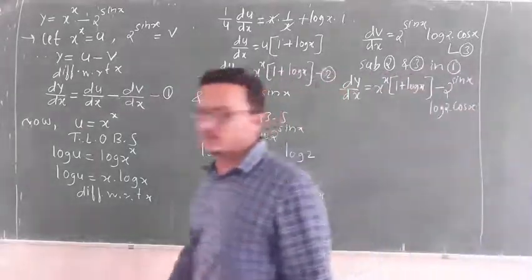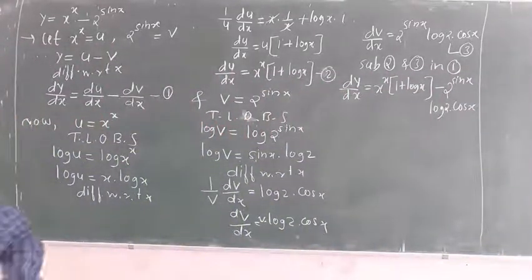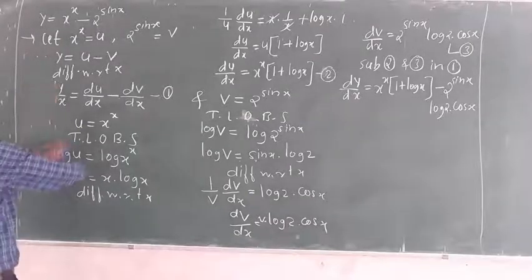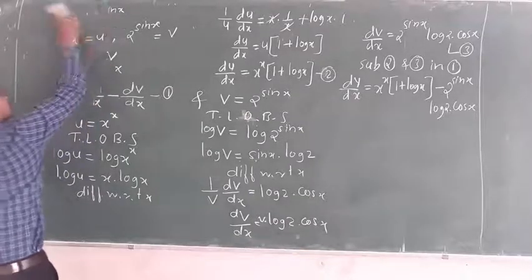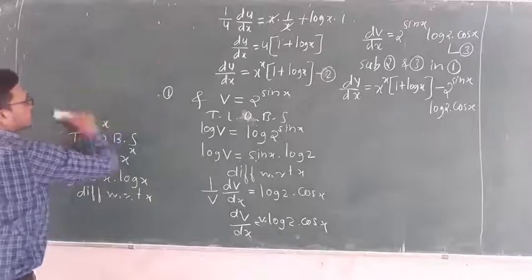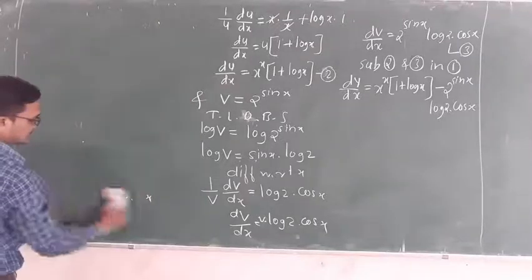So this is the answer. This is a little bit lengthy, but it is easy. So let us take the next question. I hope that you have understood this example.